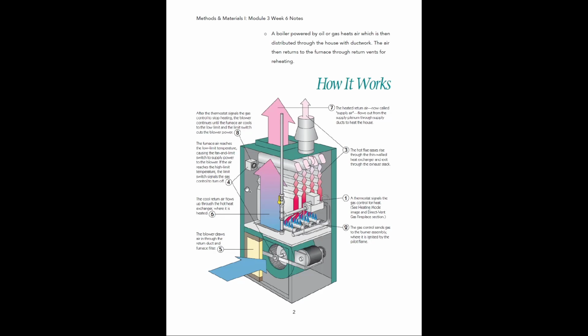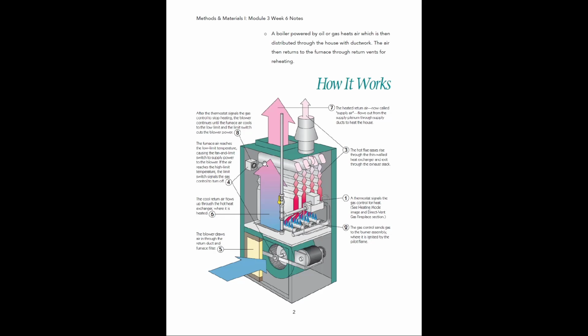Okay, and then as the air is heated up, it is then exhausted out the top here through what is known as the plenum. The air that's actually coming out of the furnace system, this is our supply air. So the air is being supplied to the space from the furnace.